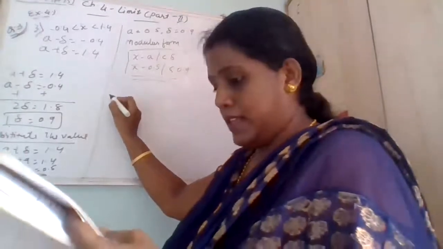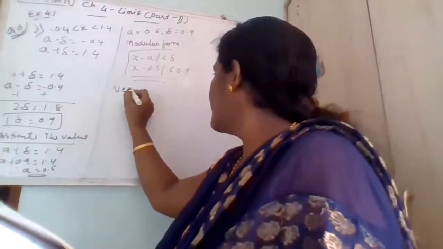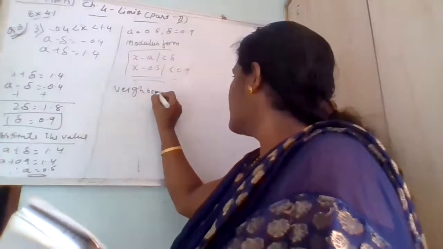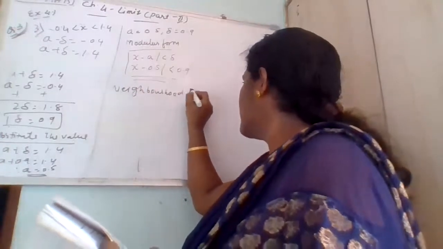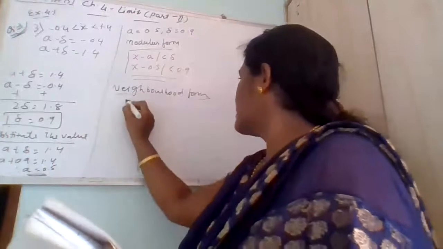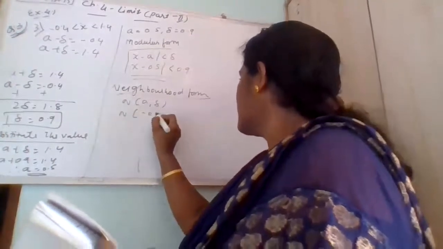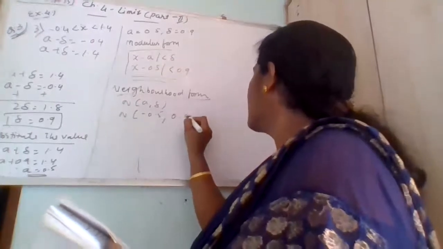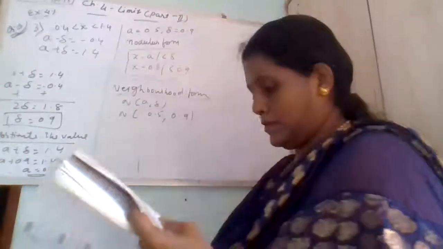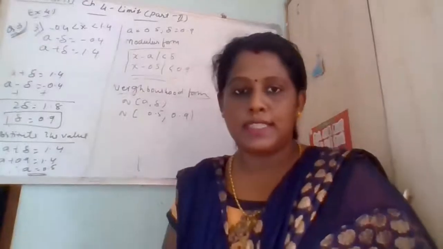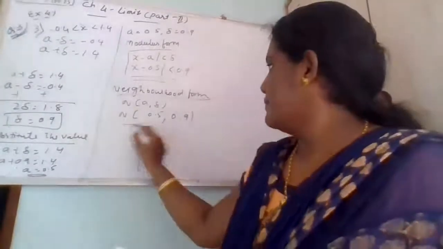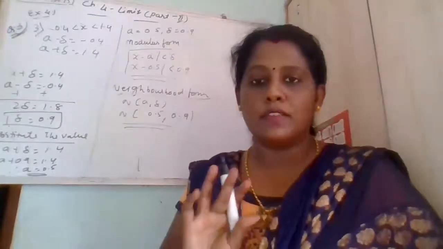Then what you have to find is the neighborhood form. So this is the answer of your third sum. Understood? This is a very simple method.